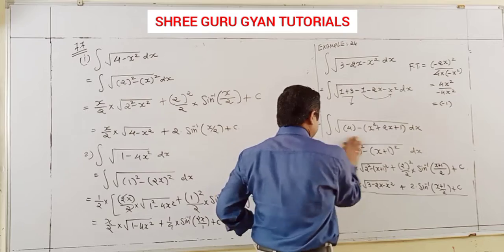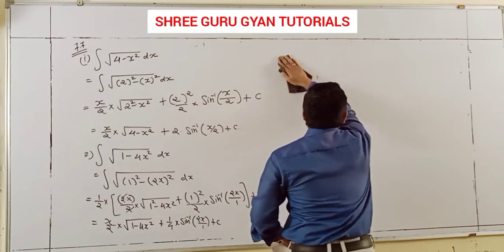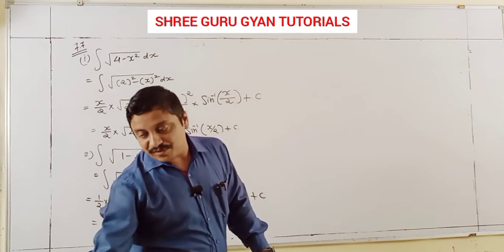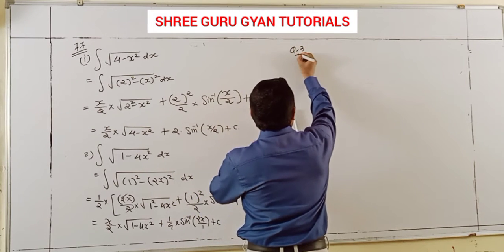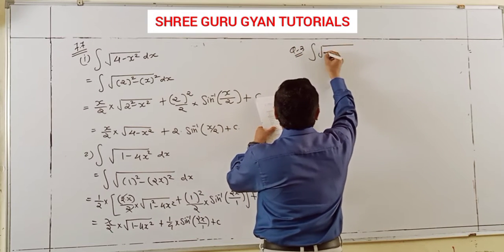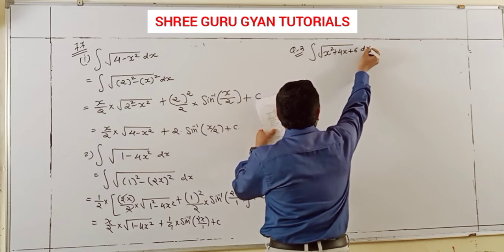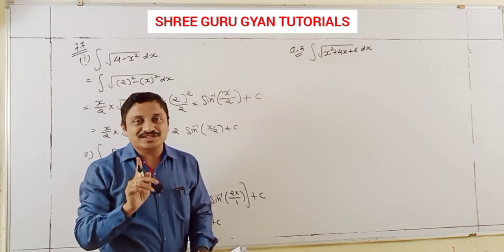Question number third one. In the same way, quadratic equations. X square plus 4x plus 6. Look at that, students. X square coefficient is positive.